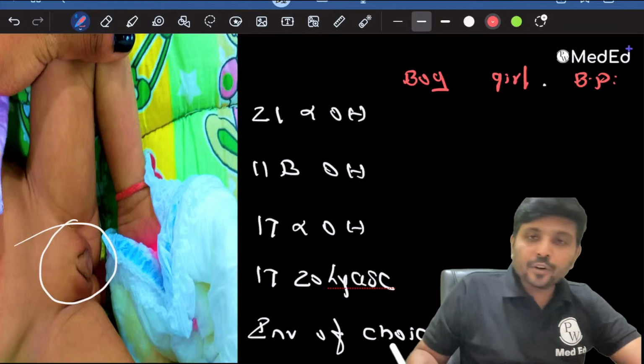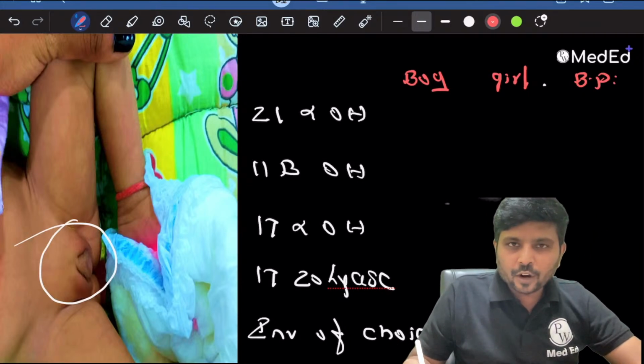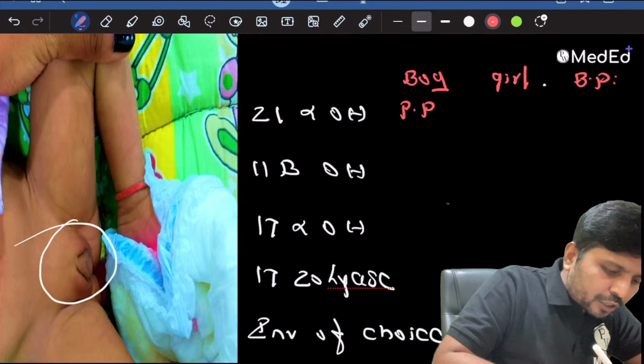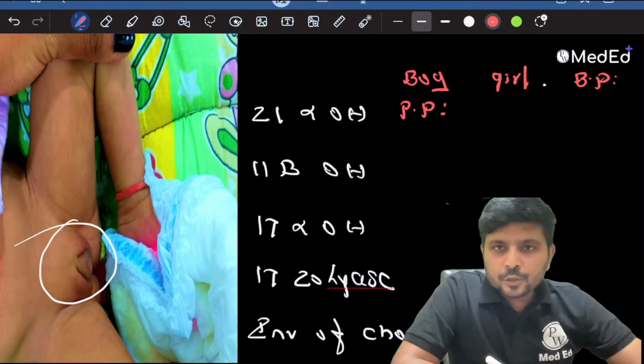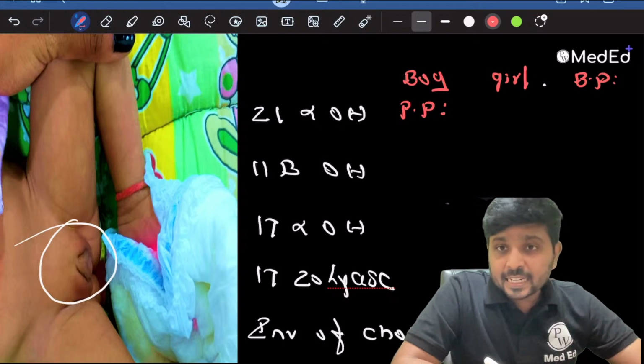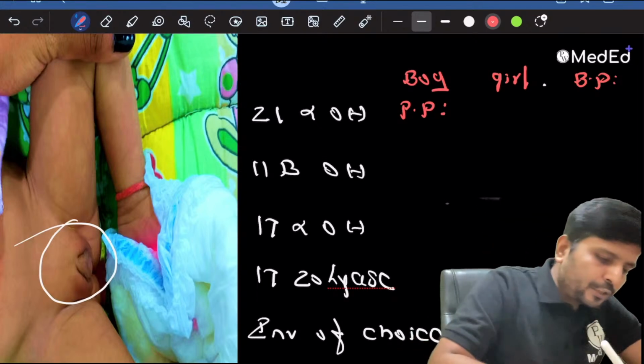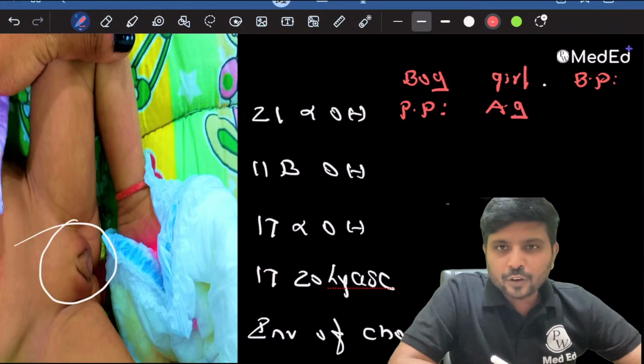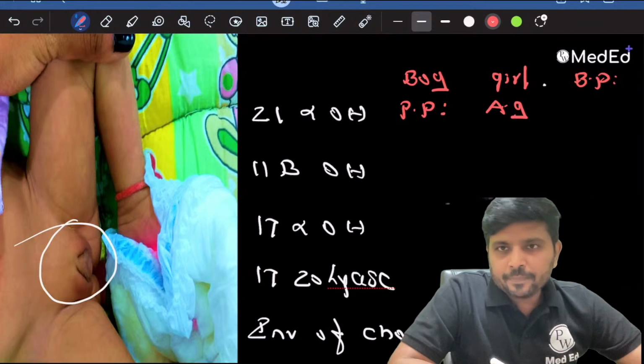In 21 alpha hydroxylase, what will happen in boys? Boys usually get precocious puberty because there is excess testosterone. Girls usually have atypical genitalia. P stands for precocious puberty and AG stands for atypical genitalia.